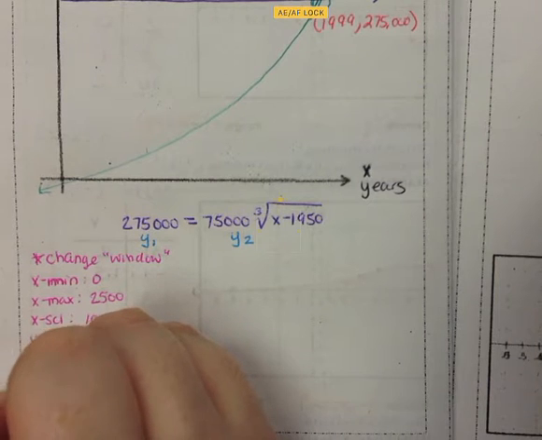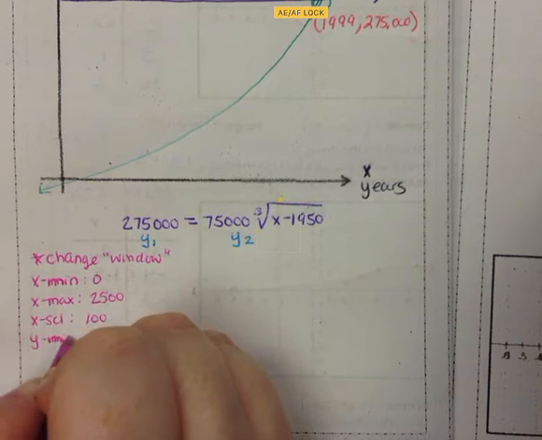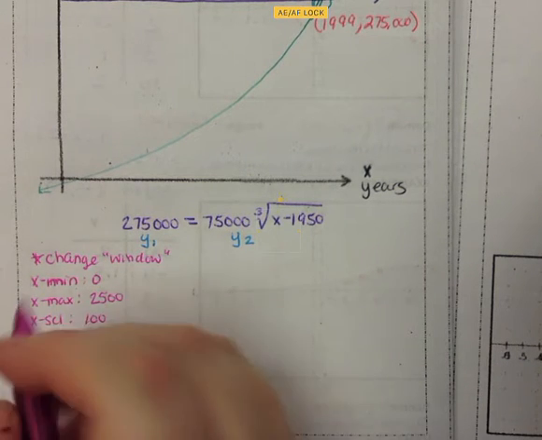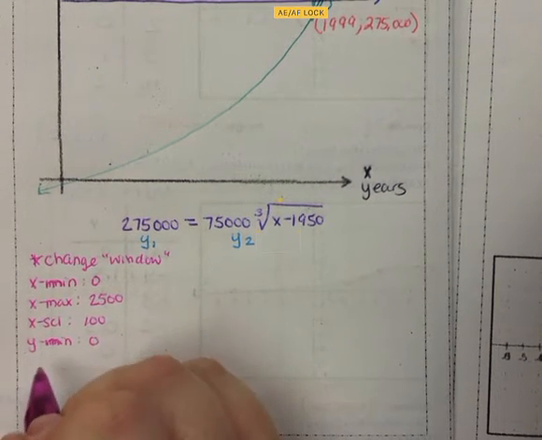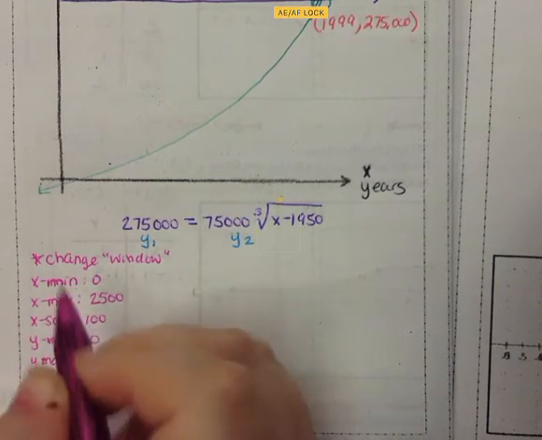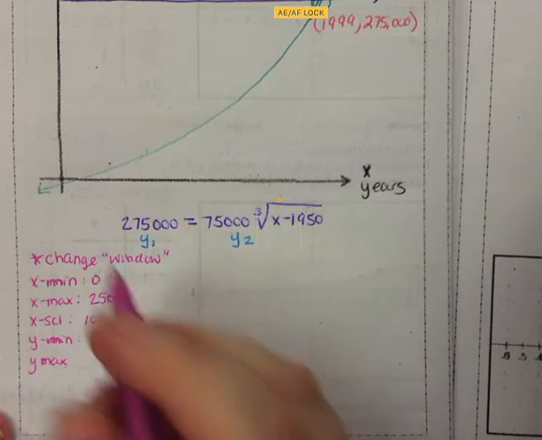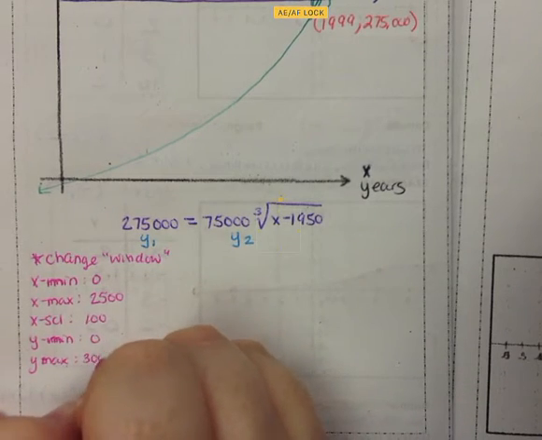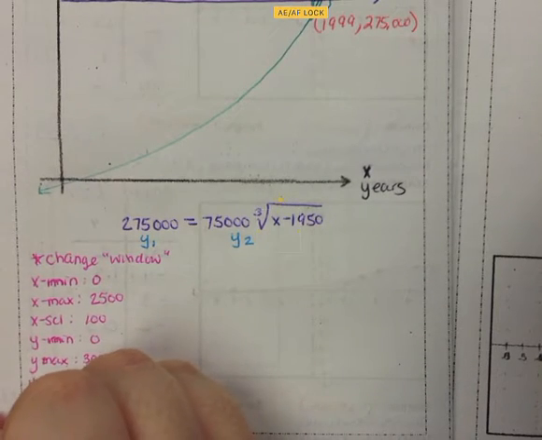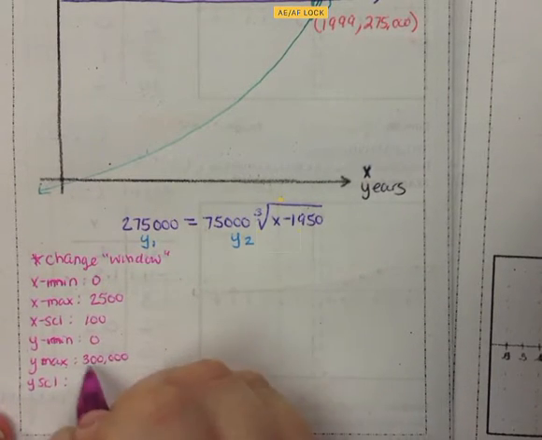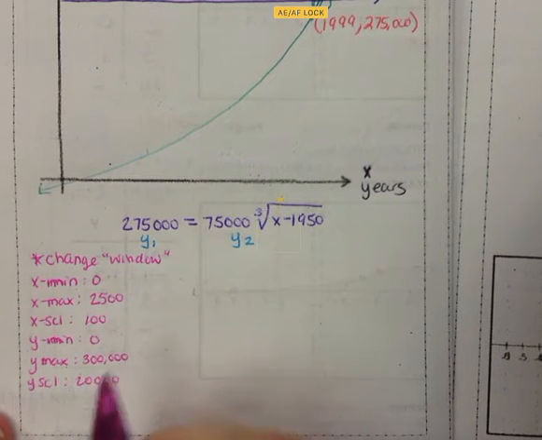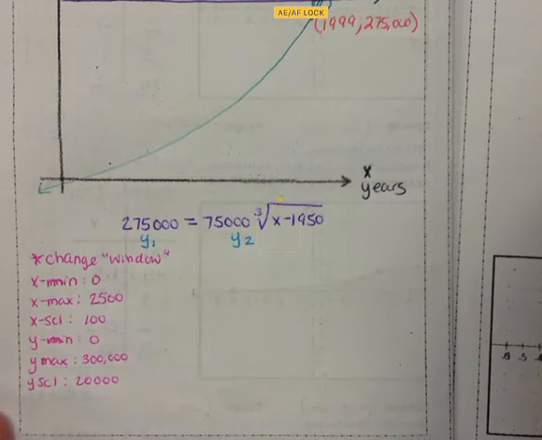Then the population Y minimum has to be 0 because we can't have negative population. And the Y maximum, we went up to more than 275,000. We went up to 300,000 so that we could see more information. Then our Y scale, we couldn't count by 1, so we counted by 20,000.